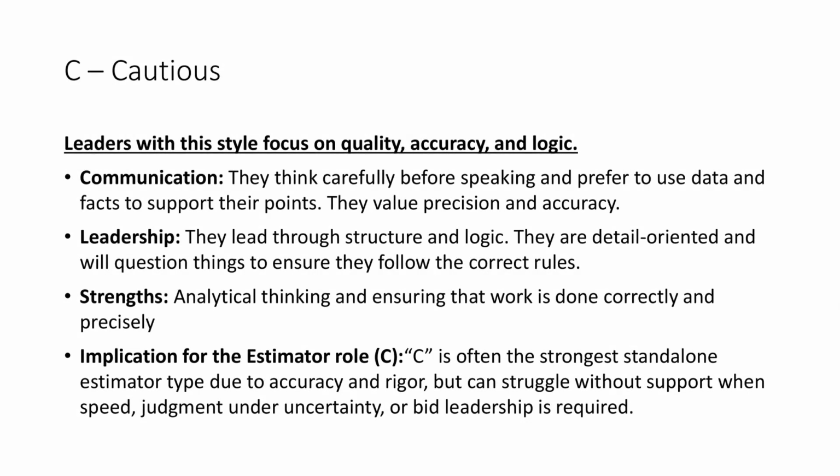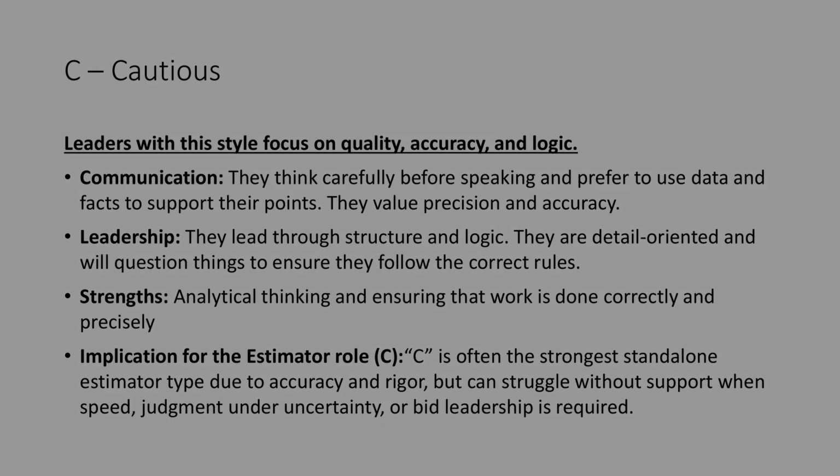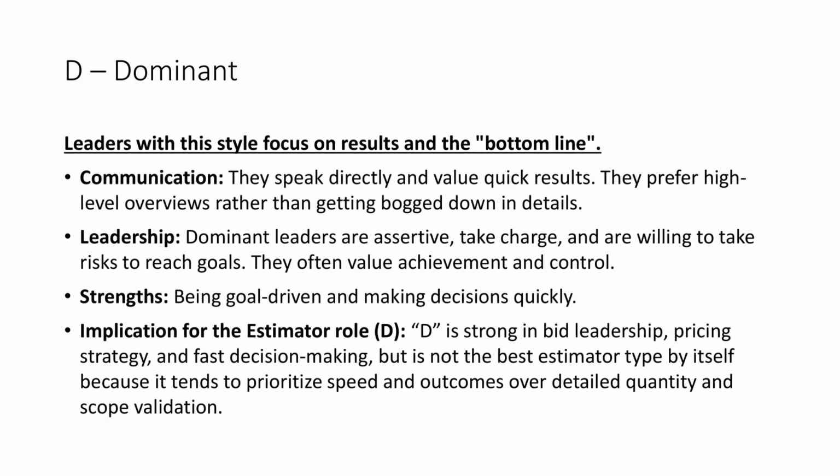So let's just start with interpreting what that is. C for cautious or conscientious. They are analytical people. They have analytical thinking skills. They are interested in structure and logic. They're detail oriented. That kind of personality aligns well with the requirements of an estimator's position. If you are a D character, that aligns very well with a project manager job.